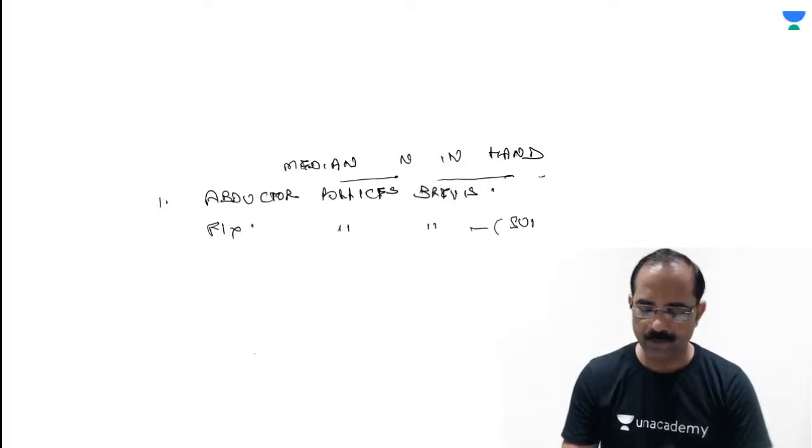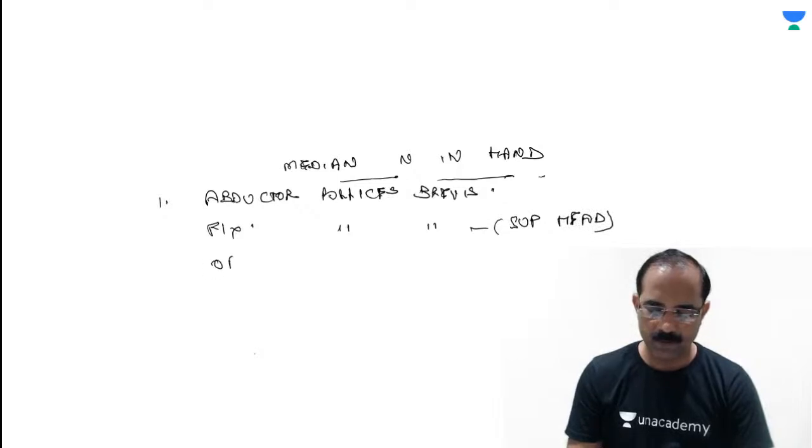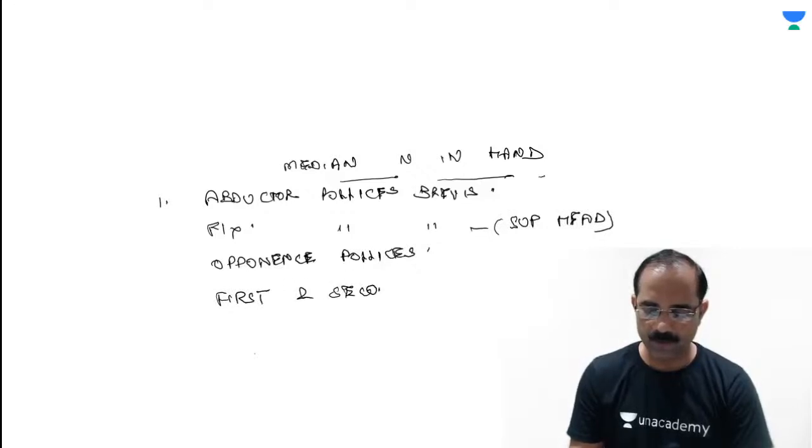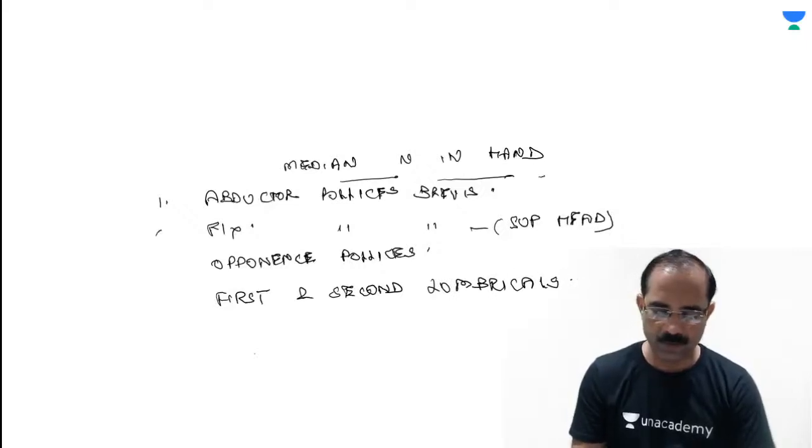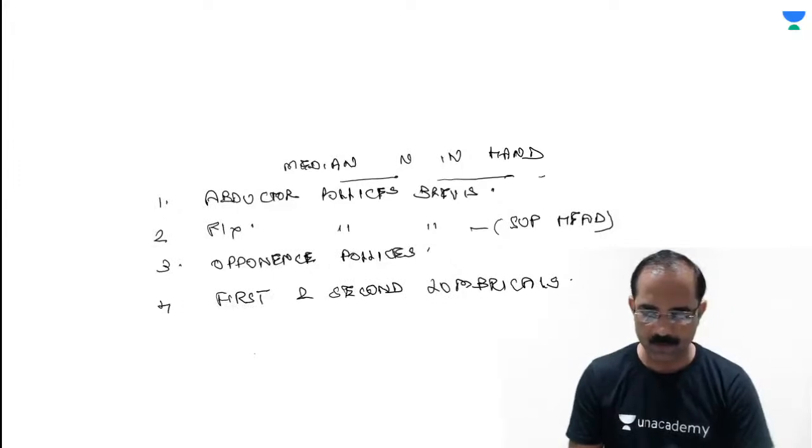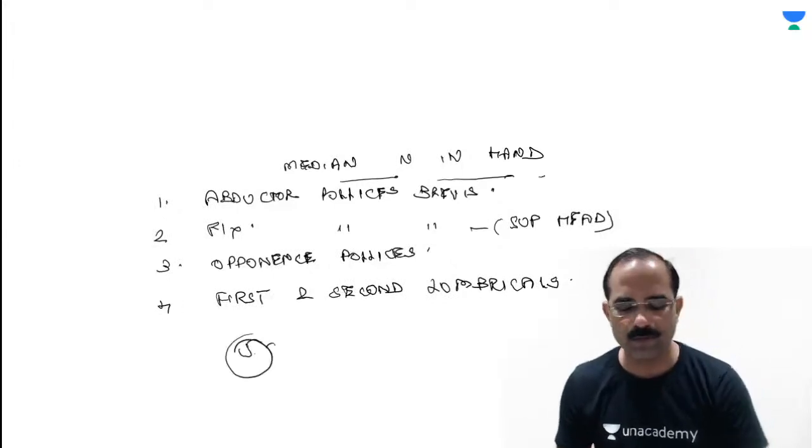Which head of it? Superficial head. Opponens pollicis. First and second lumbricals. So a total of 5 muscles the median nerve supplies in the hand.